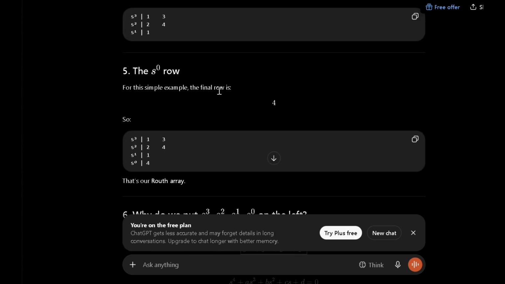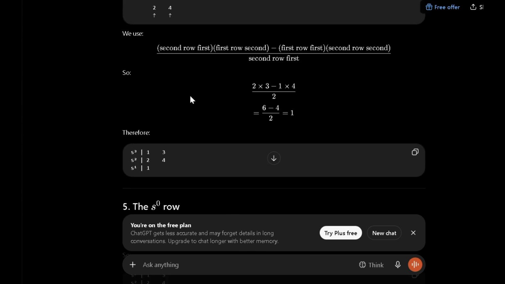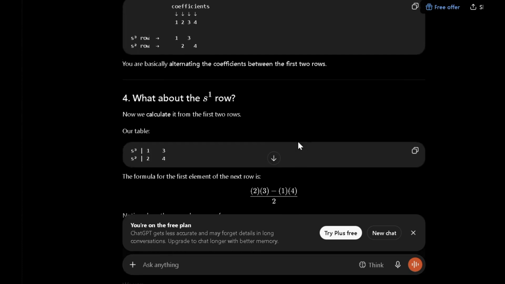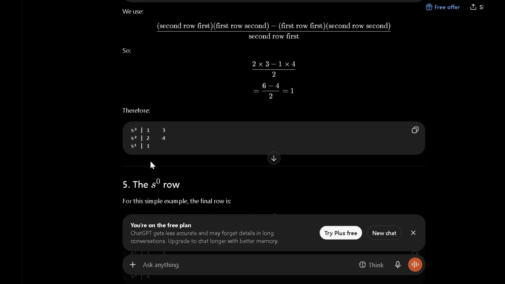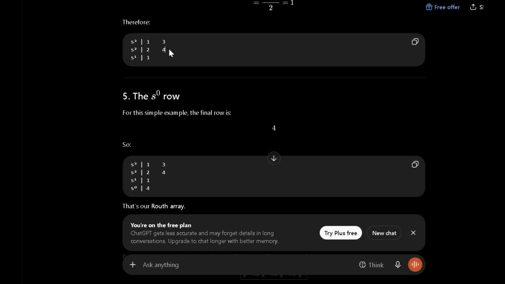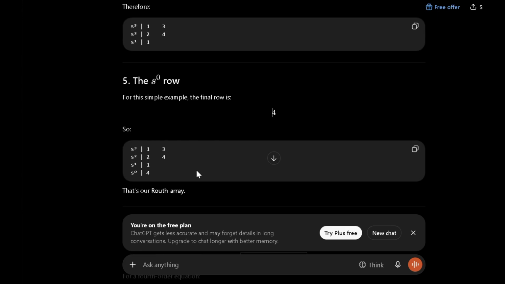If we see the Routh array, the final row is 4 for the single element. So 1, 3, 2, 4, 1, comma 4. I don't even understand that. That's one Routh array.